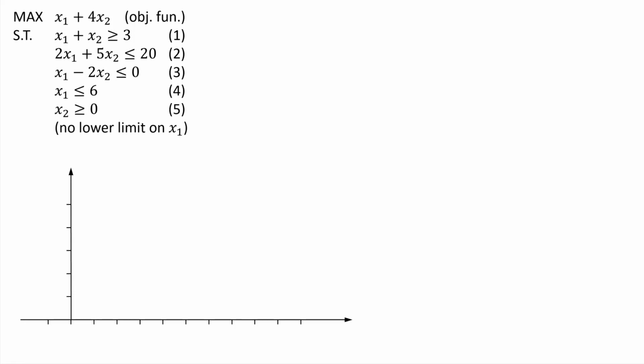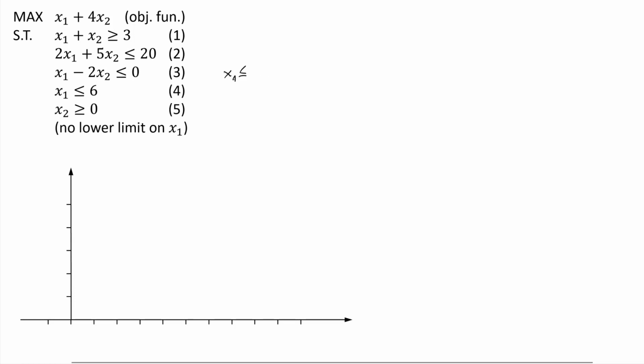It has a negative coefficient for x2, right? x1 minus 2x2 less than or equal to 0, which you could rewrite as x1 less than or equal to 2x2. So it says maybe some kind of activity x1 must be smaller than 2 times the value of activity 2.